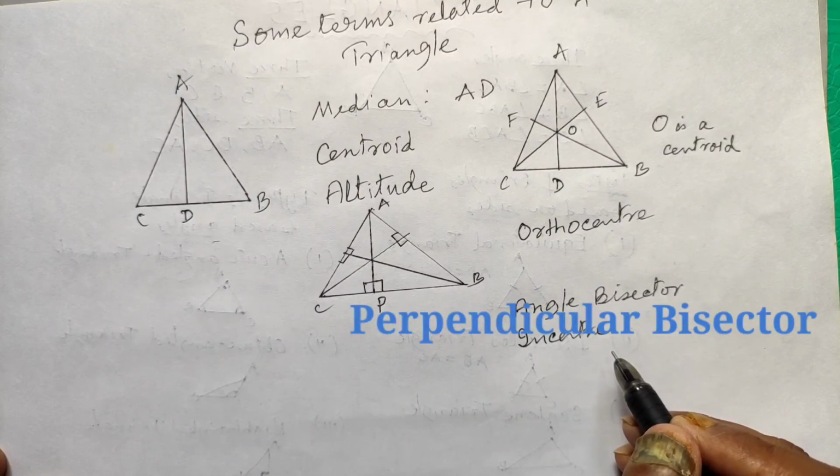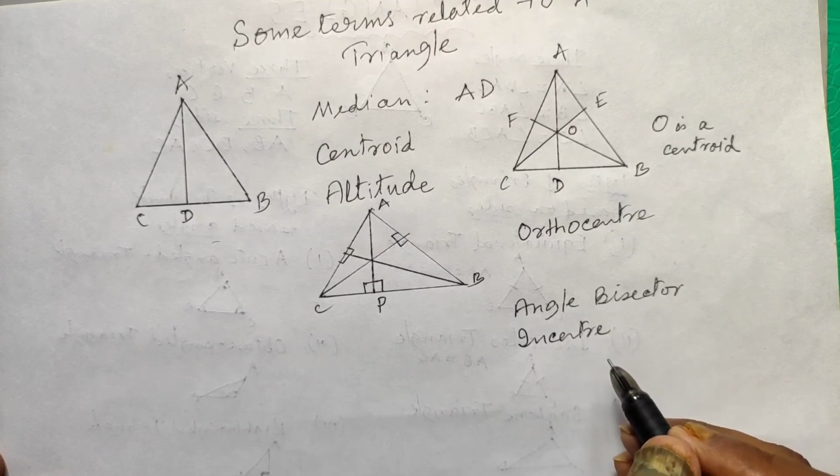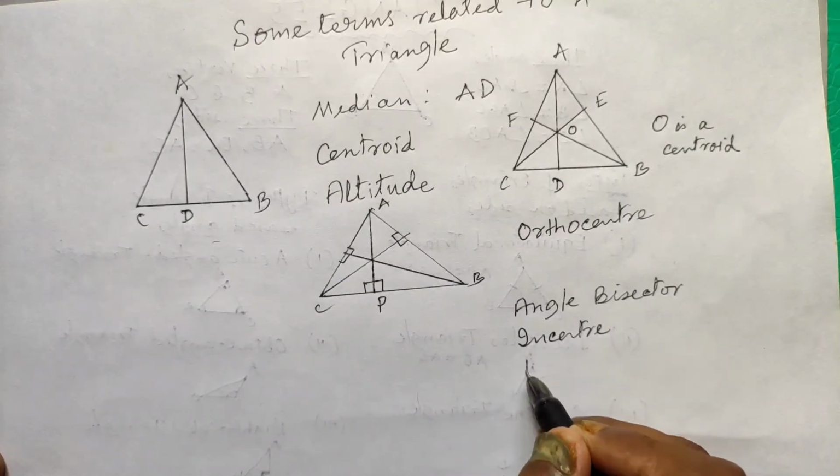Perpendicular bisector or right bisector. A line segment bisecting any side of a triangle and also perpendicular to it is known as the perpendicular bisector of that side of the triangle. Then over here, perpendicular bisector or right bisector.